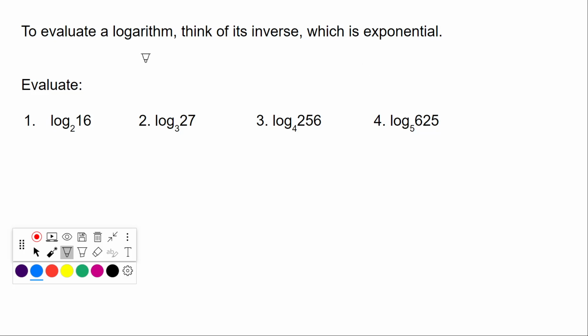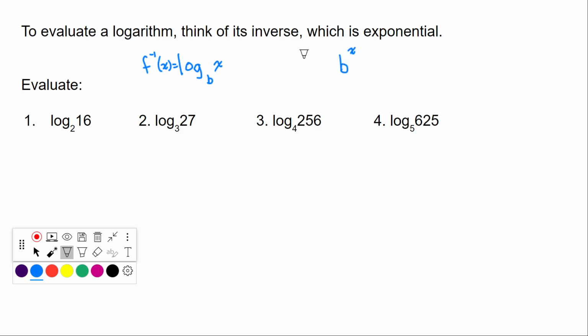Now what you need to remember is that a logarithm is the inverse of an exponential function. So a log base b of x is going to be the inverse of b to the x.